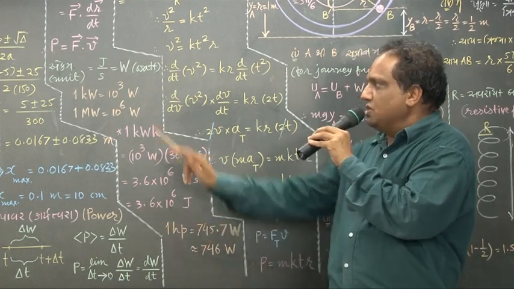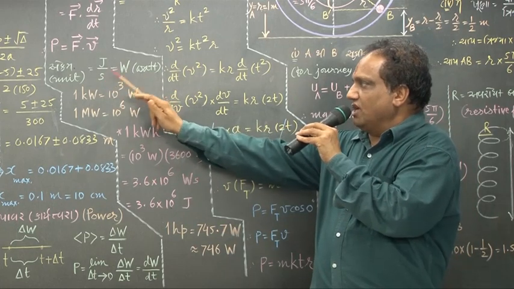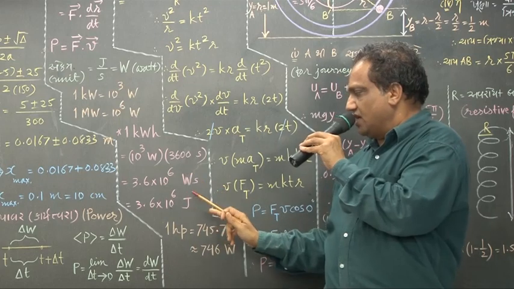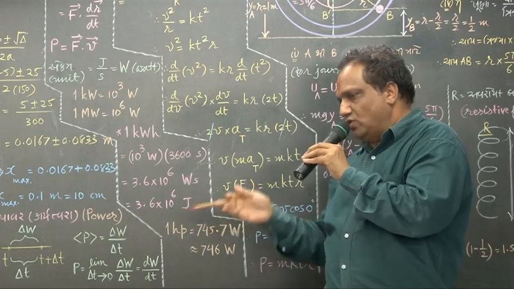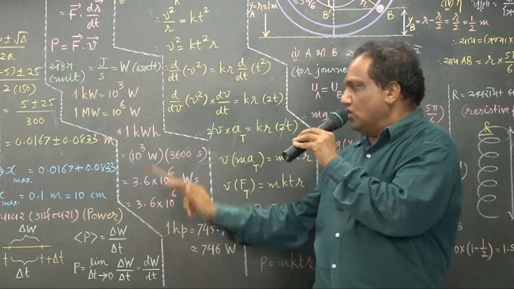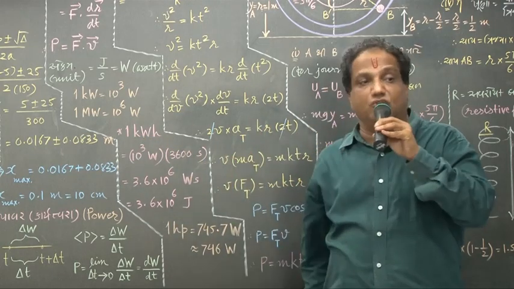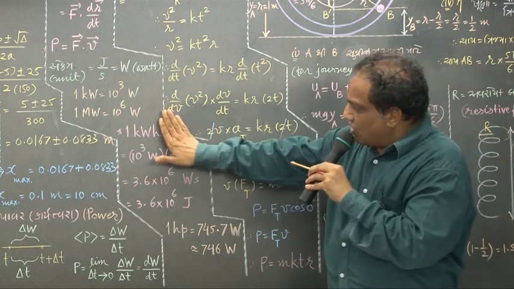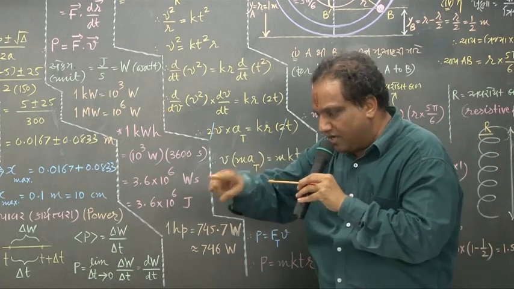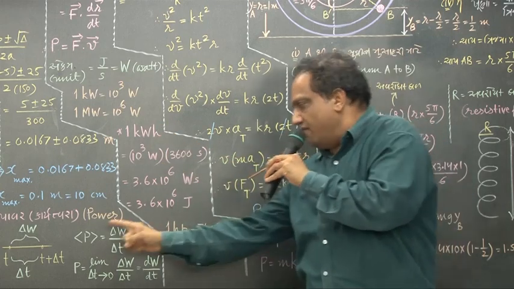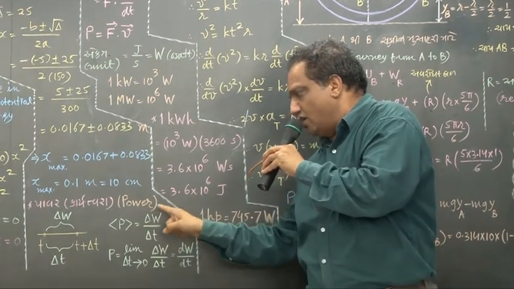Watt into second will be how much? Joule. So this watt into second can be replaced by joule, and joule is the unit of energy. So remember, kilowatt hour is not the unit of power, it is the unit of energy. Only kilowatt is the unit of power. Power into time will give you work done or amount of energy.